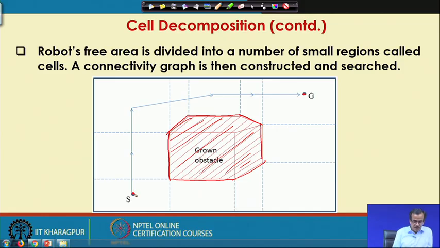For example, starting from here, I can divide it like this. So, this is one feasible subregion, this is another, another, and another. So, we will get feasible subregions something like this.